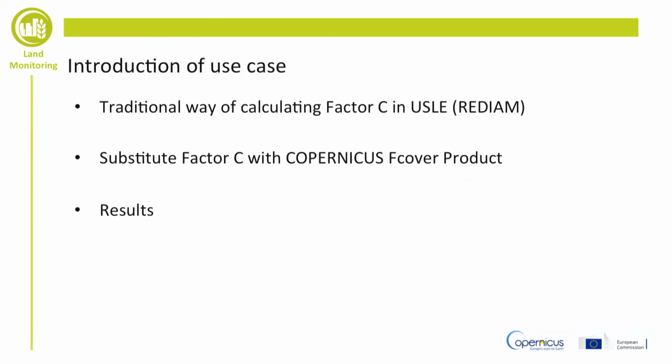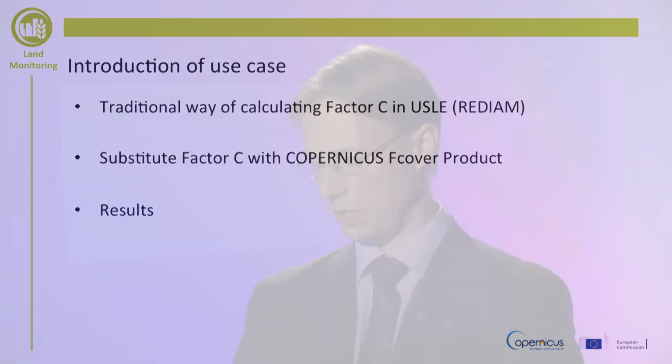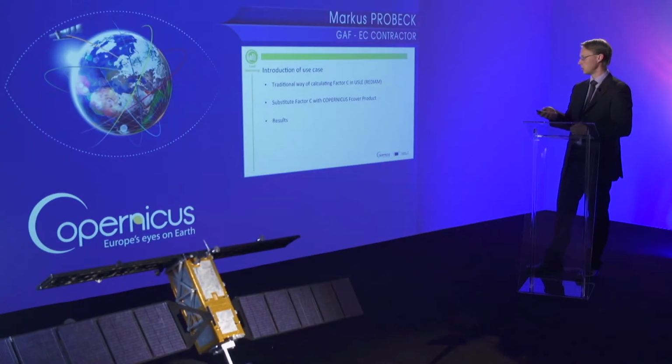Now, using that F-cover product helps substitute a complicated calculation of a contributing factor to that soil loss equation, the so-called factor C, which I'll just show in a second.